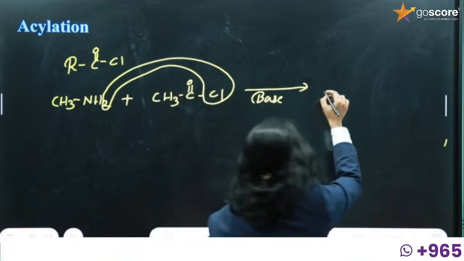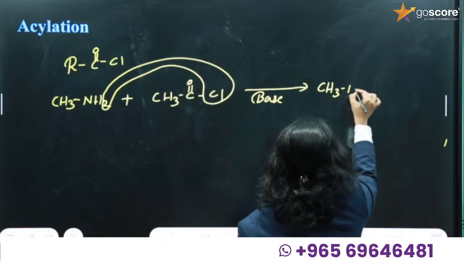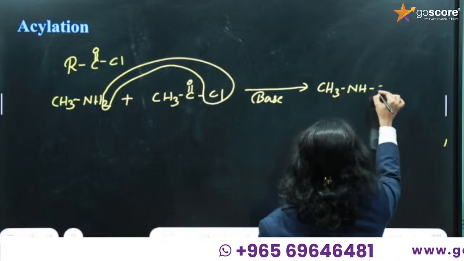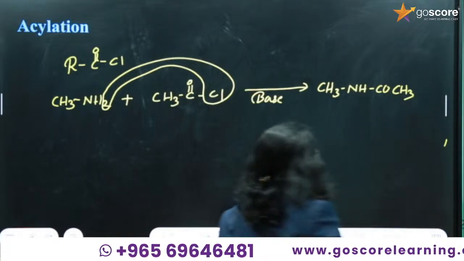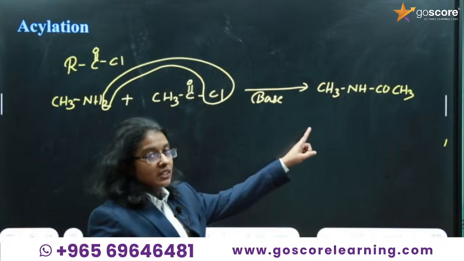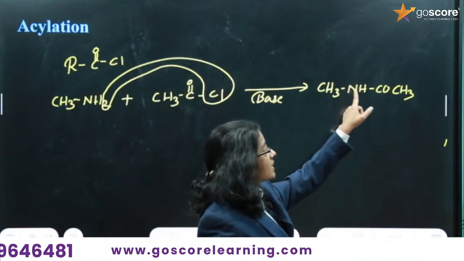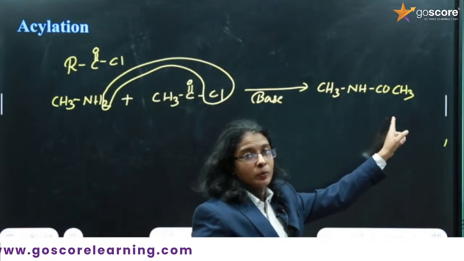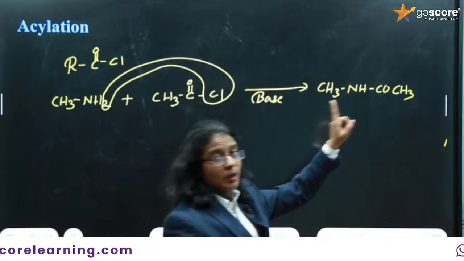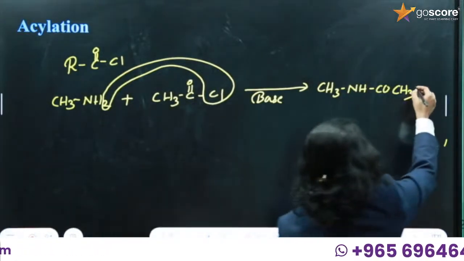In the presence of base, you will get CH3NHC double bond OCH3. See, this is a secondary amine, there is only one hydrogen on the nitrogen. So N-methyl ethanamide will be obtained. Just eliminate the HCl.